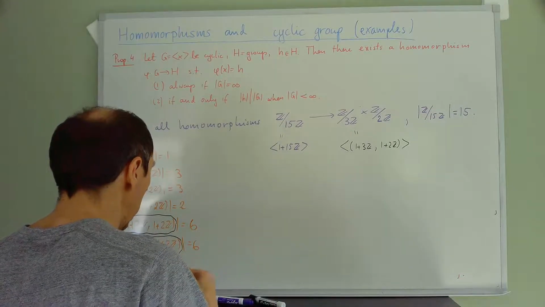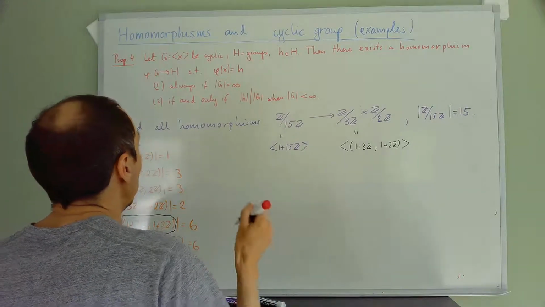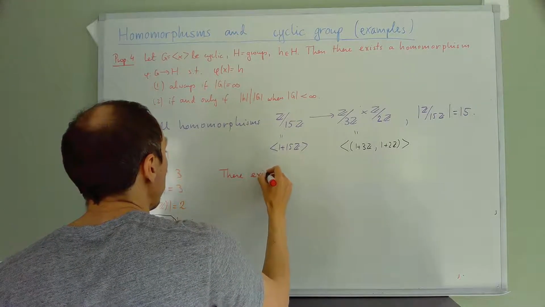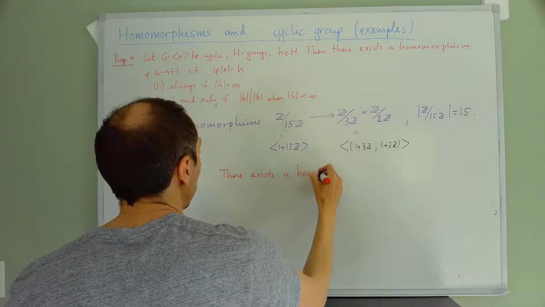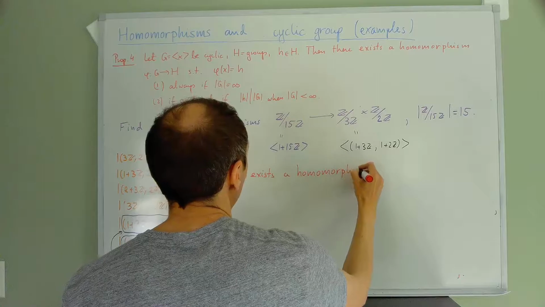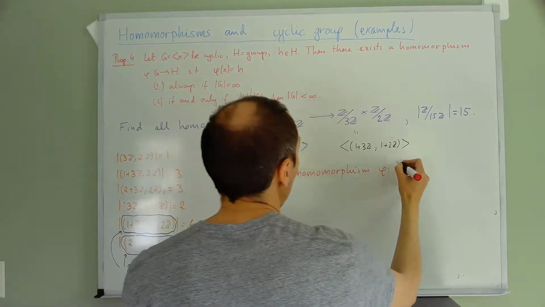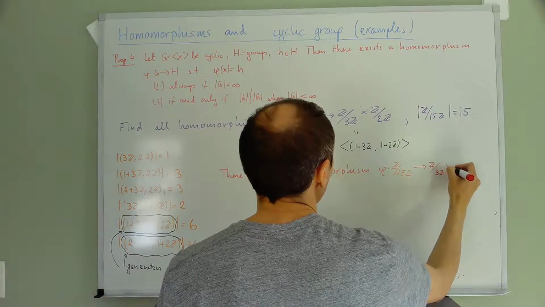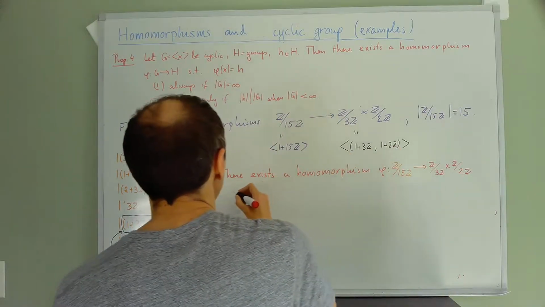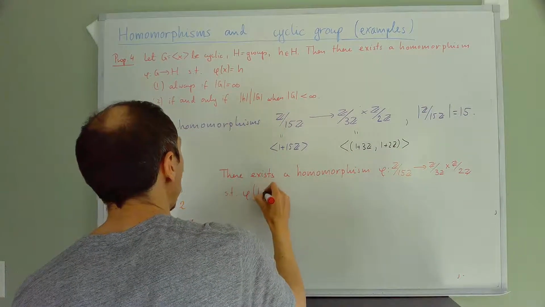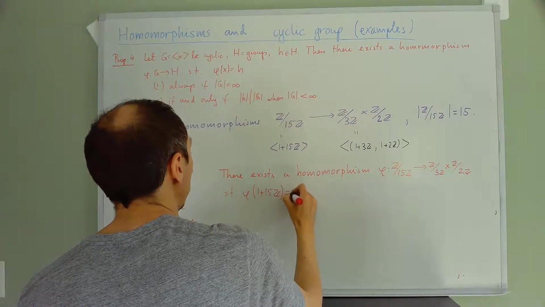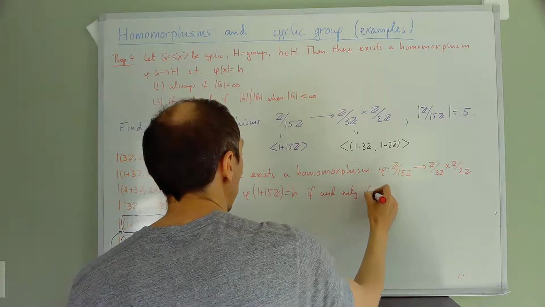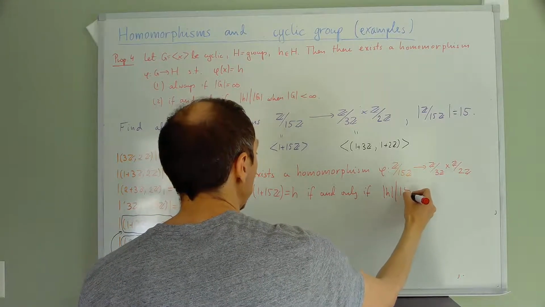Okay, so going along our usual lines, there exists a homomorphism phi from Z mod 15Z to Z mod 3Z cross Z mod 2Z, such that phi of 1 plus 15Z, which is a generator, is equal to h if and only if the order of h divides 15.